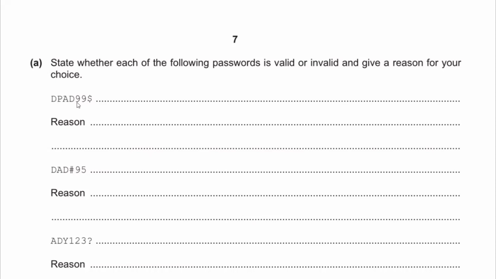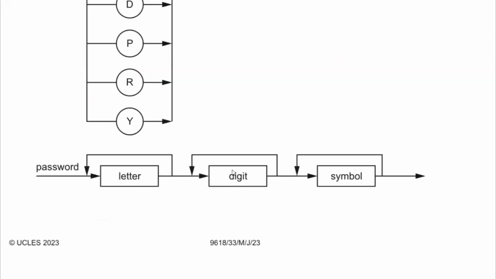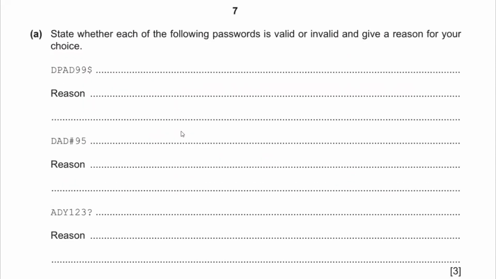It follows letters, repeated digits, which is possible, and then a symbol, which follows the rule: letter, digit, symbol. And again, those are repeated. So valid.